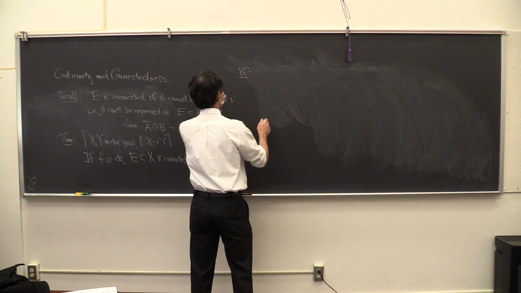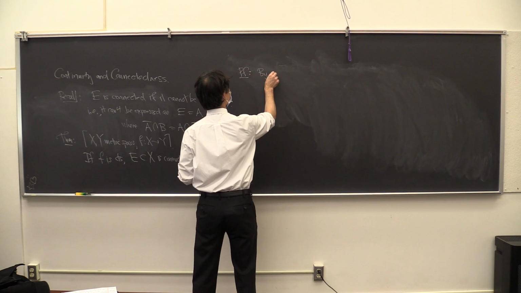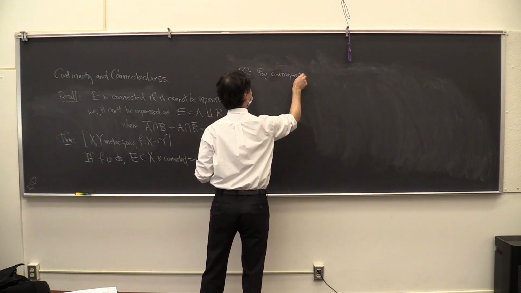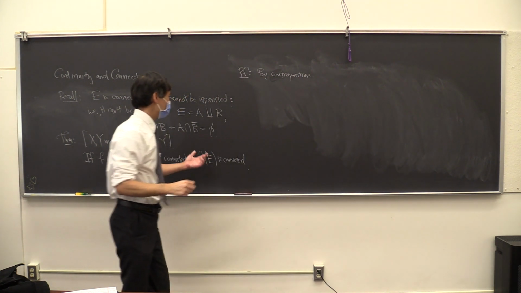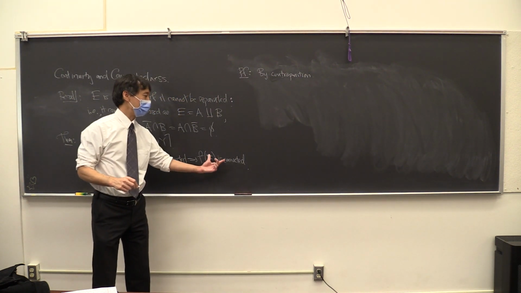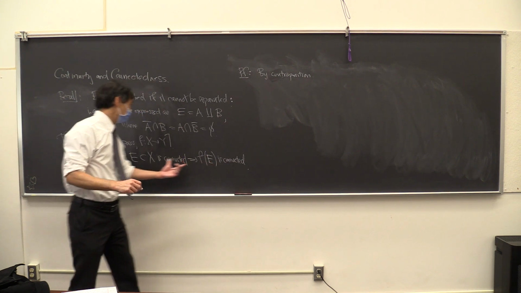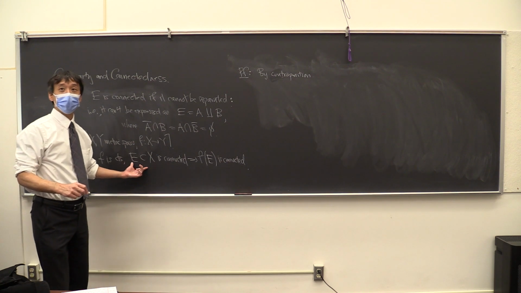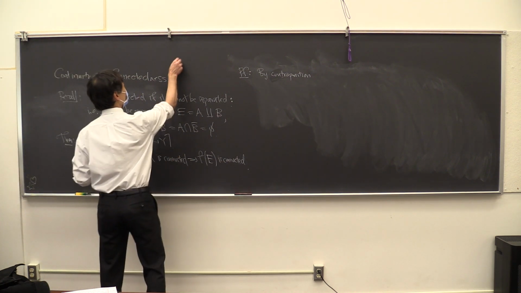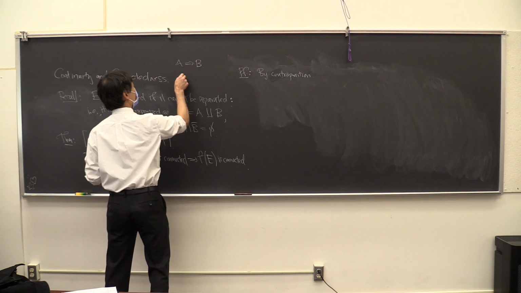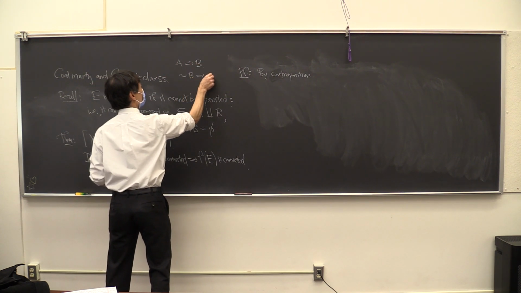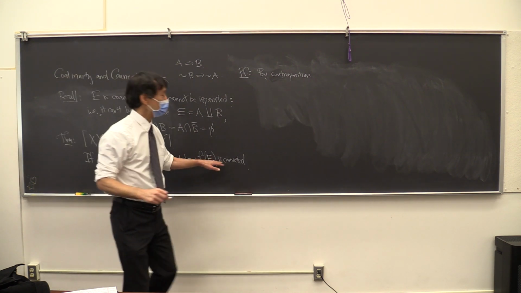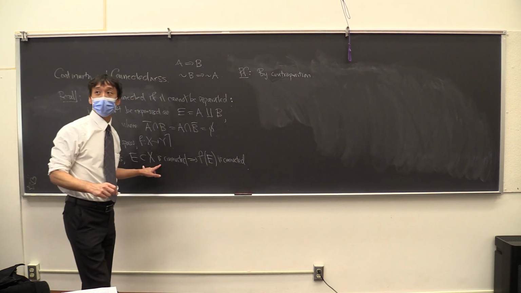And the way we're going to do it is by contraposition. We'll show that if this is not connected, then E is also not connected. Remember, contraposition means that instead of A implies B, you show not B implies not A. So we'll show that if this guy is disconnected, then this guy must also be disconnected.